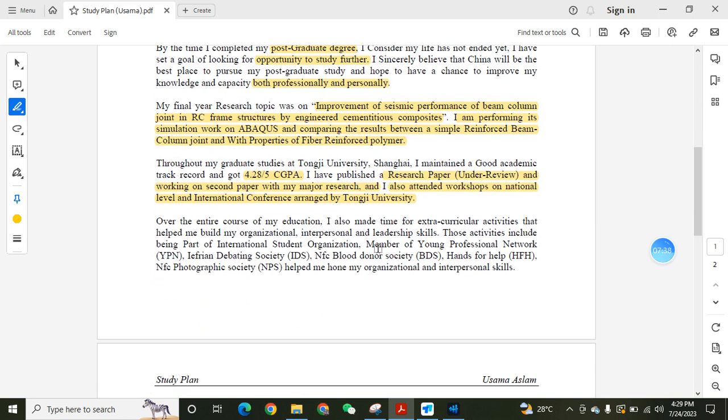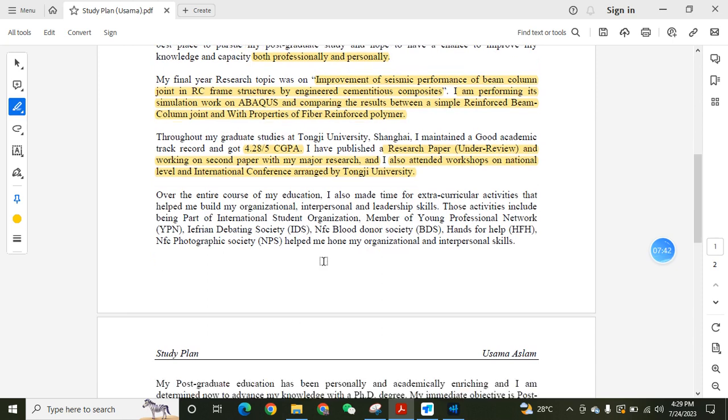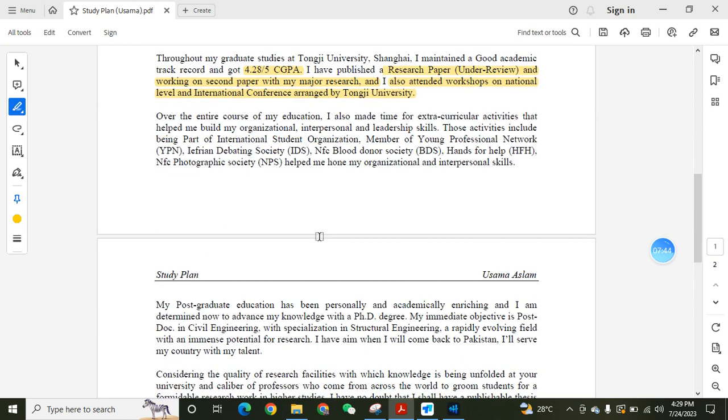And then the turn comes for the extracurricular activities, because it is very important for your grooming and your confidence. If you just study and become a bookworm, then you don't enjoy your life. So whatever extracurricular activities you have attended, you can mention them, because I did a lot of extracurricular activities.